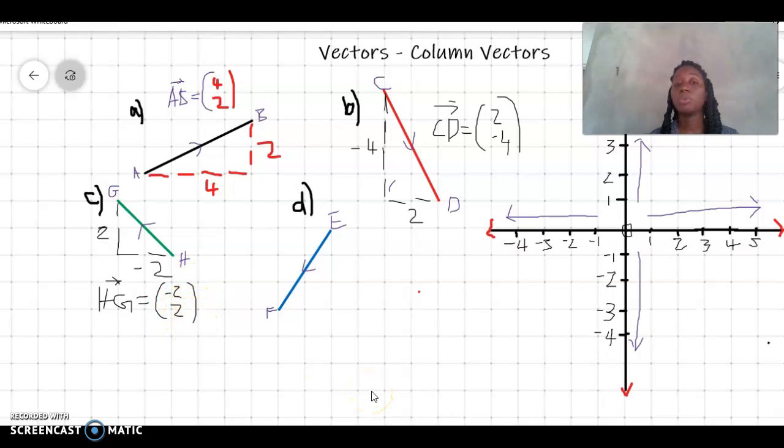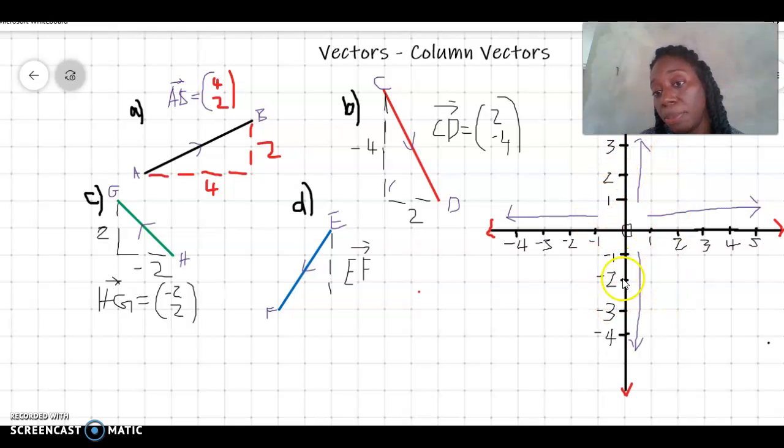Let's move on to the fourth vector, E to F. We're moving from E to F. Let's write the abbreviation first for clarity. If we're moving from E to F, once again we're moving downwards.